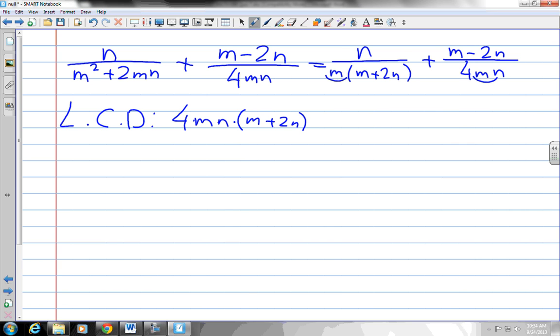I'm just going to compare each denominator to the LCD, and that will determine what I'm missing. So if you look at the first fraction, n over m times m plus 2n, what is it missing? You're comparing this denominator with the LCD. M is there, the parentheses is there, but you're missing 4 and n. So we're going to multiply by 4n over 4n.